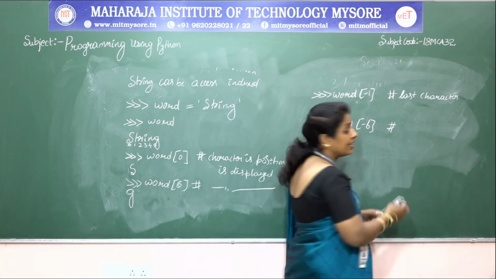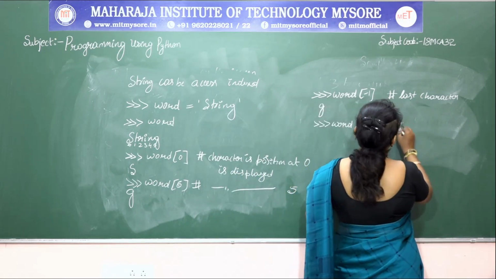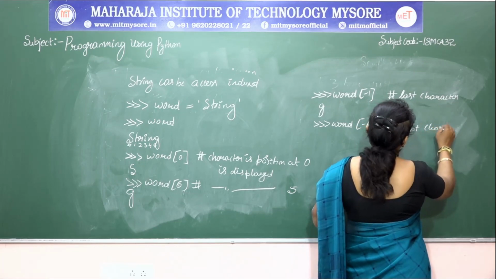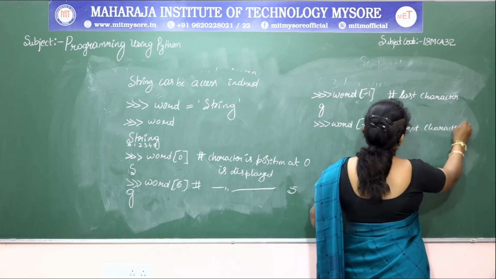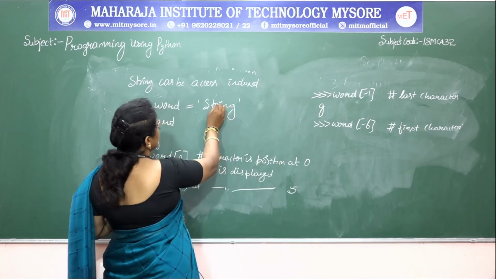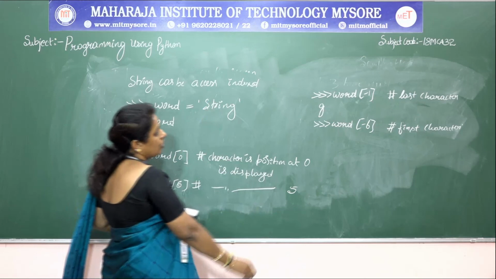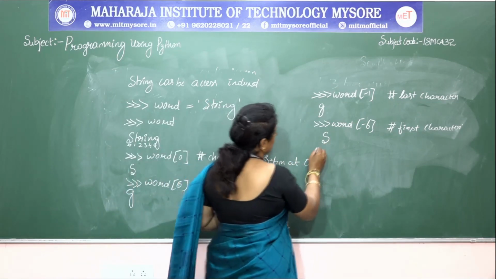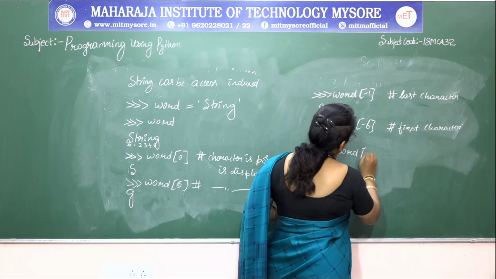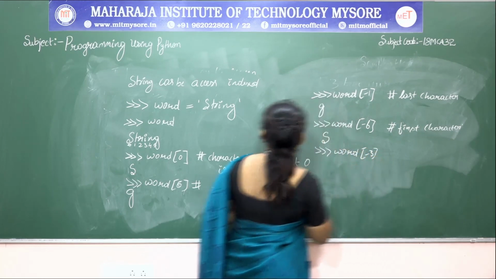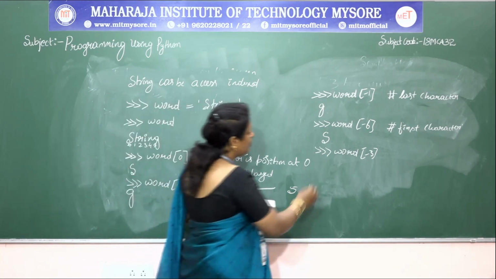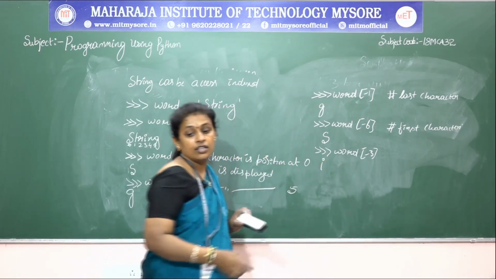Counting minus 1, minus 2, minus 3, minus 4, minus 5, minus 6, I will get the first character, Y. Like that you can give minus 3: minus 1, minus 2, minus 3, and the output will be I.